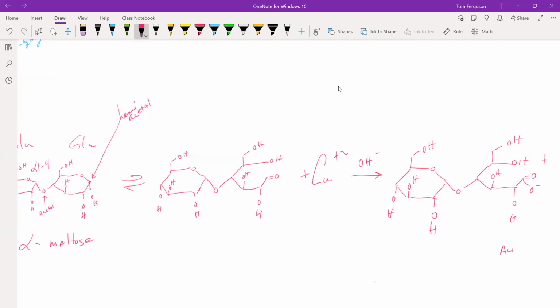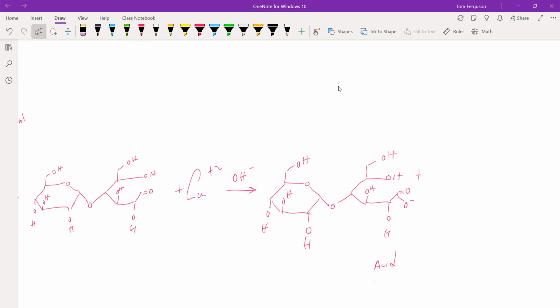So this is the acid form. And the copper 2 goes to copper 1.